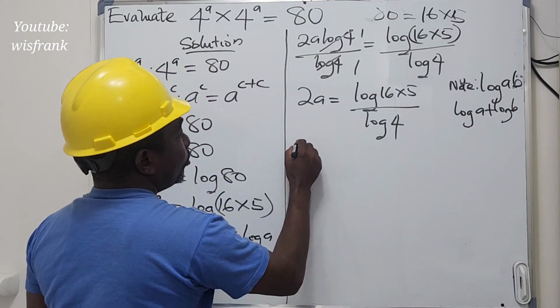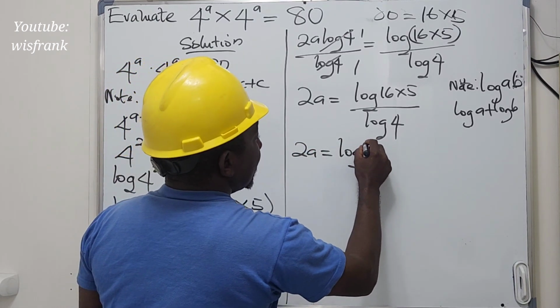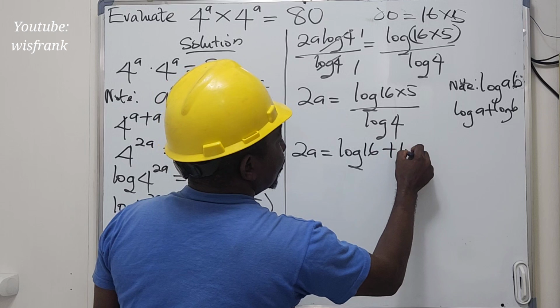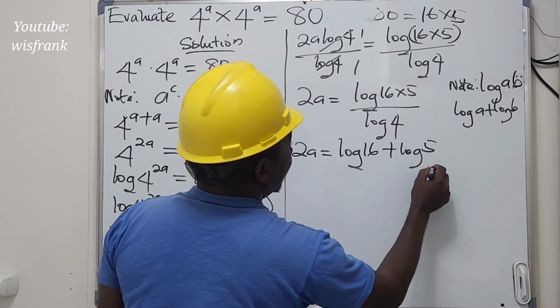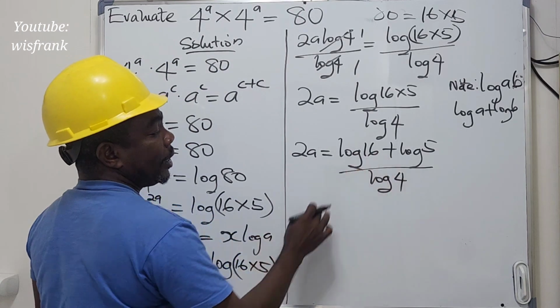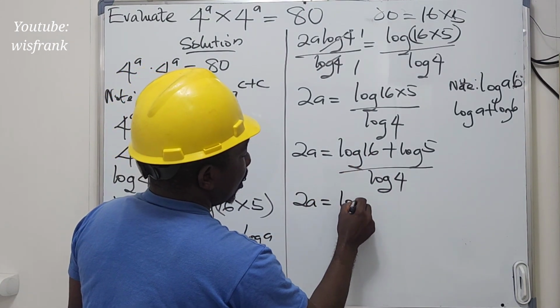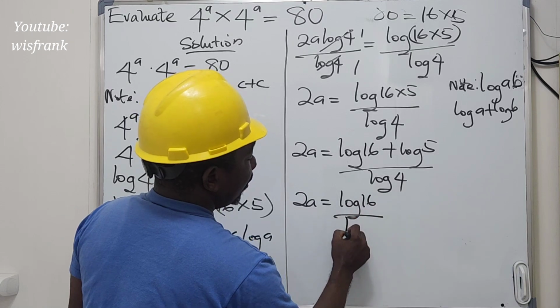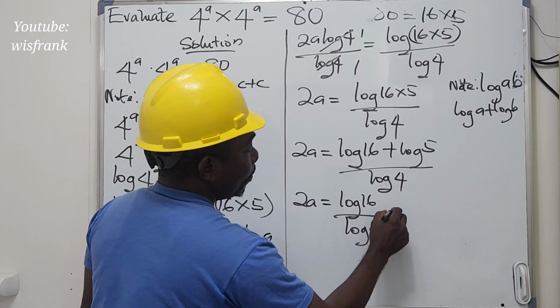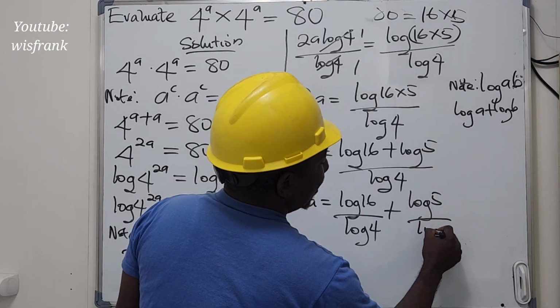So this will become 2a equals log 16 plus log 5 all over log 4. So we can separate this. This can be written as 2a equals log 16 all over log 4 plus log 5 all over log 4.